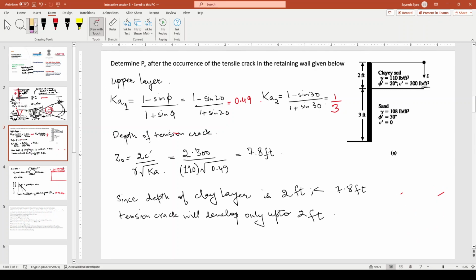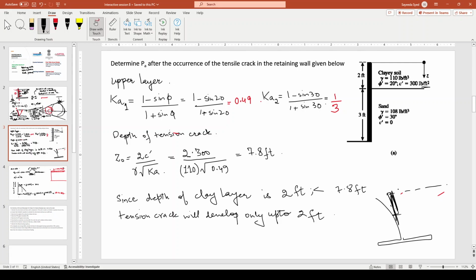So see what happens. Visually, if I show you, this is my wall that has moved, and this is the clay soil that was there. There is a development of a tensile crack. Let the crack be here.